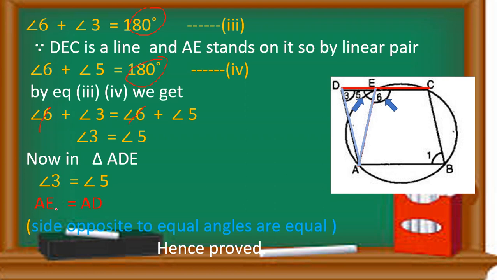So we can write AE is equal to AD, as sides opposite to equal angles are equal. Hence it's proved that in this figure, where ABCD is a parallelogram and a circle drawn through points A, B and C touches the side CD at point E, we get AE is equal to AD.